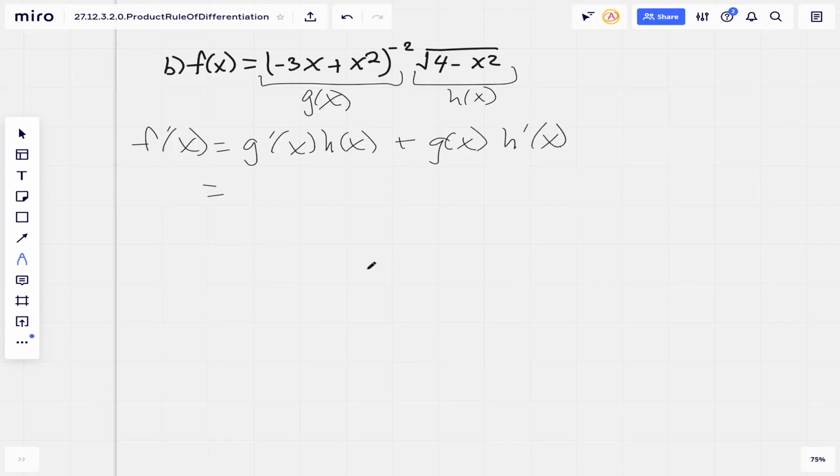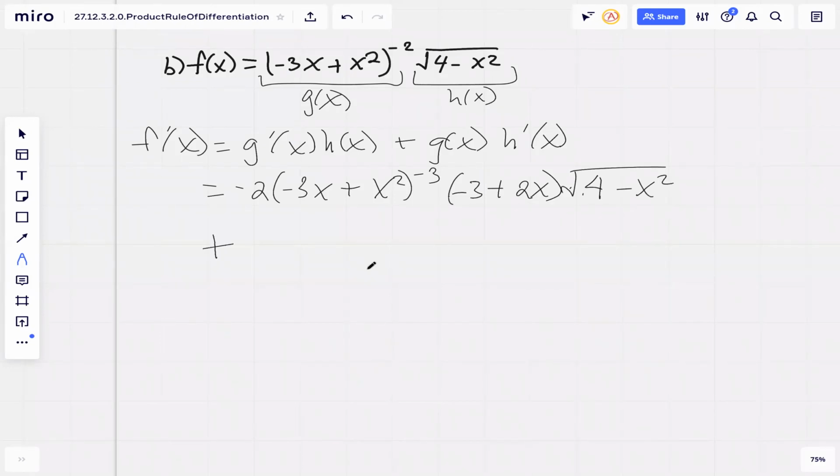Let's start filling things in. The derivative of G is negative 2 times negative 3x plus x squared to the negative 3, times, we need to use the chain rule in this particular case. And now we can multiply by H, which is the square root of 4 minus x squared. And we're going to put the second term on the next line: plus the G remains as is.